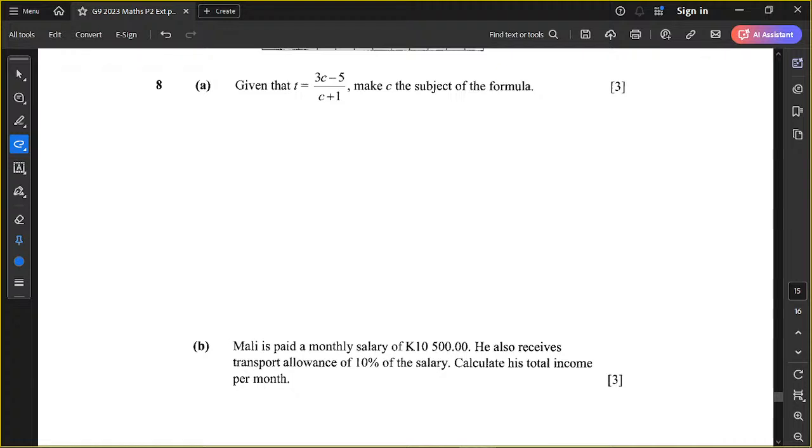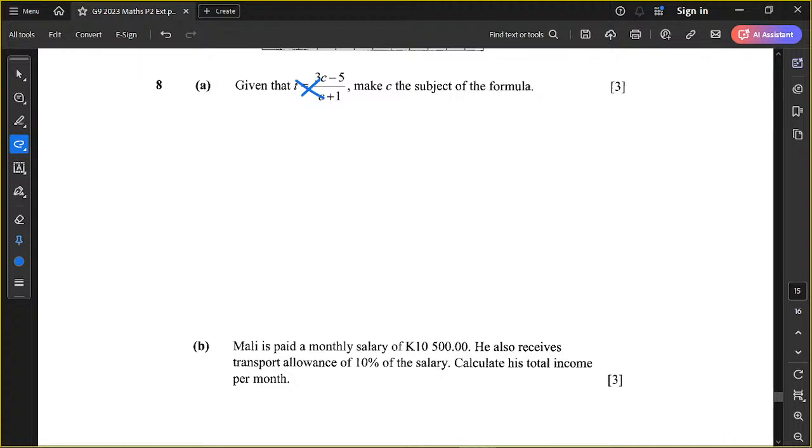We come to question 8, and question 8 is: given that t is equal to 3c minus 5 over c plus 1, make c the subject of the formula. Okay, so what we need to do is cross multiply here.